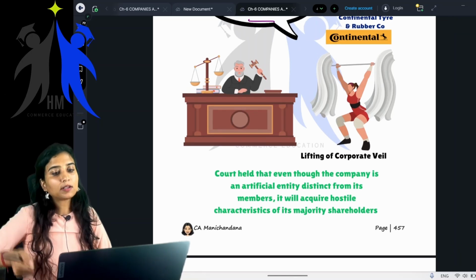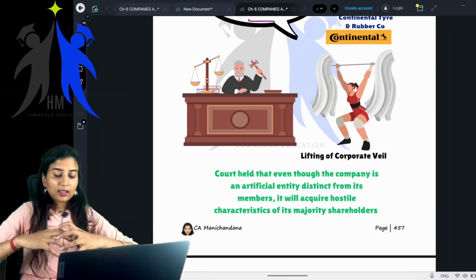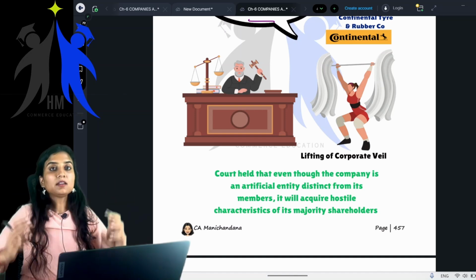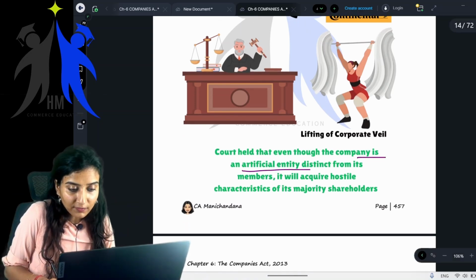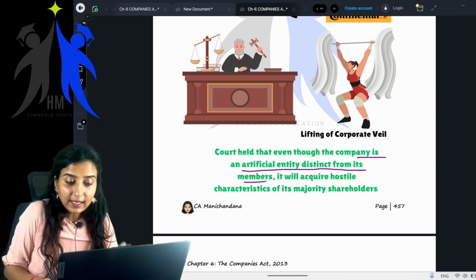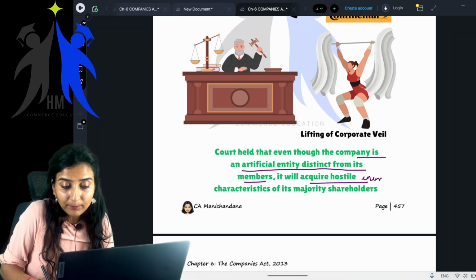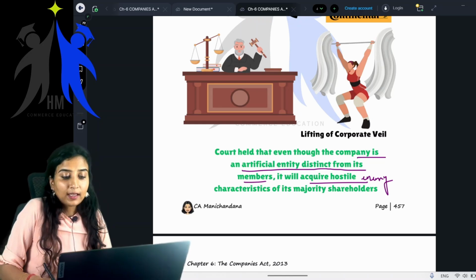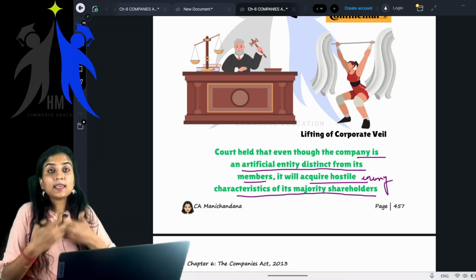Okay, but what did the court decide? The court lifted the corporate veil. It held that even though the company is an artificial entity distinct from its members, it will acquire hostile, meaning enemy, character, the enemy characteristics of its majority shareholders.